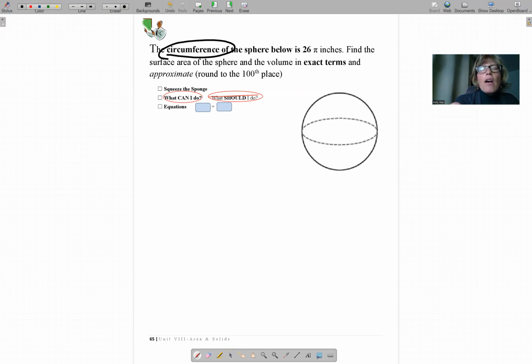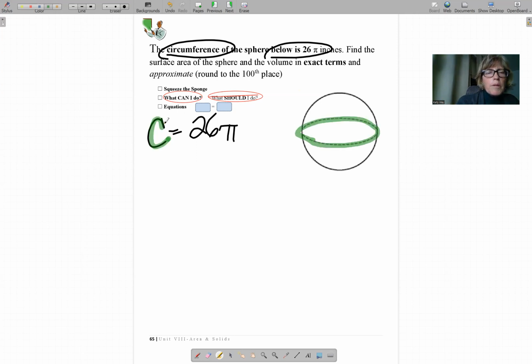We have the circumference. Just to reinforce what that is, we have the circumference. We're heading towards both the surface area and the volume, so we'll just write those equations down.